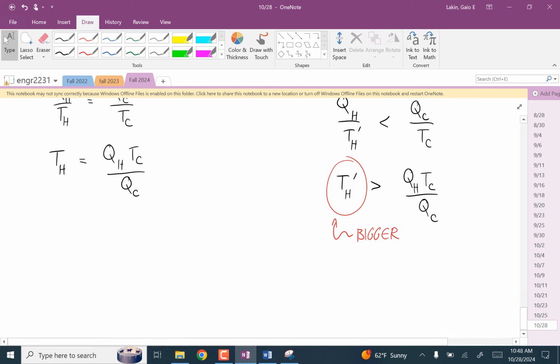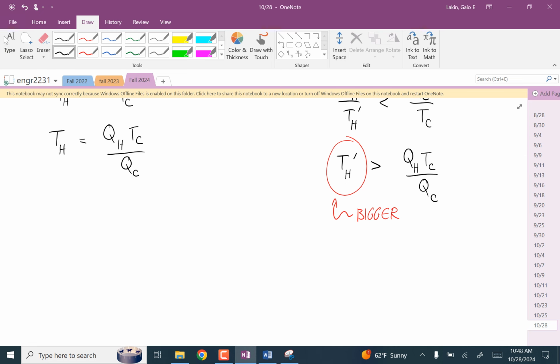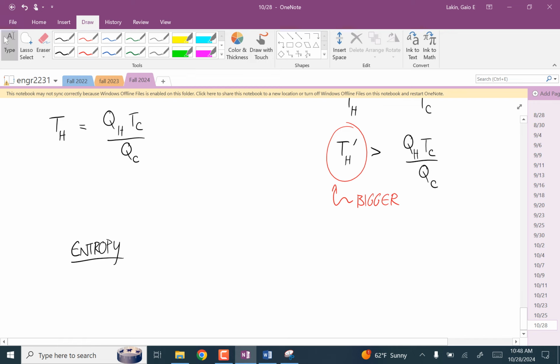Let me just get a formal definition of entropy in your notes. So entropy clearly comes from that Clausius inequality. And the change in entropy is equal to entropy at state 2 minus entropy at state 1.